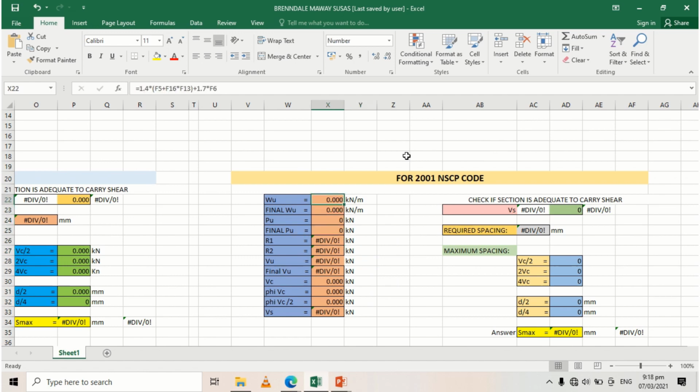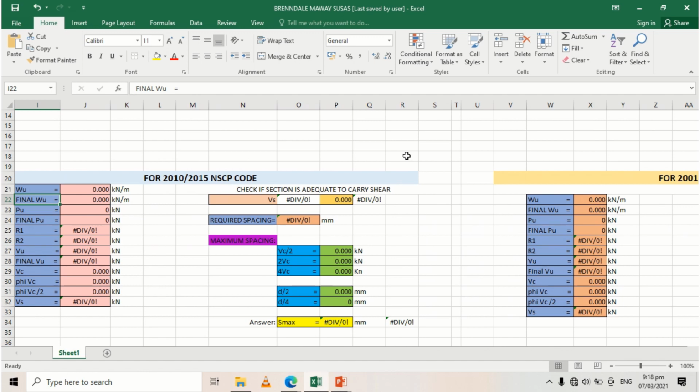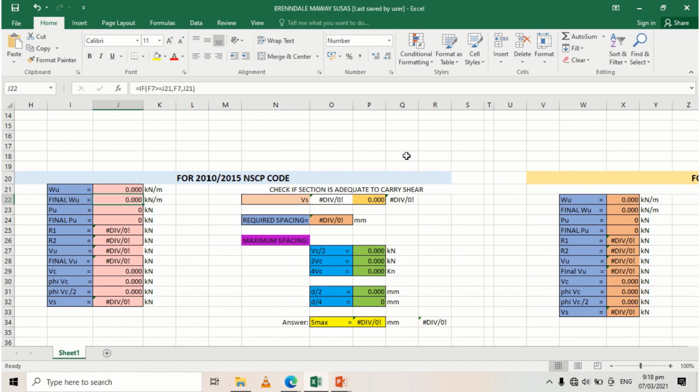So for review, the difference of the 2010 and 2001 NSCP code is the phi factor: 0.85 for 2001, and for 2010 naman 0.75. They also differ in checking if the section is adequate to carry shear.